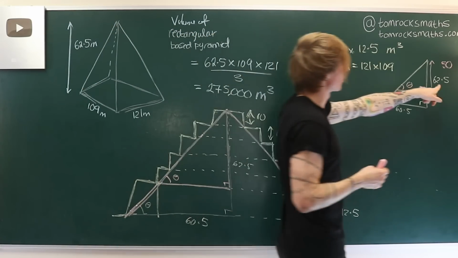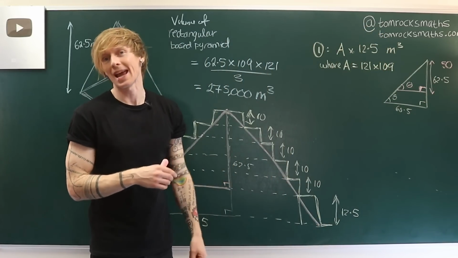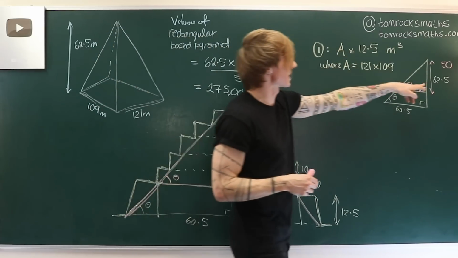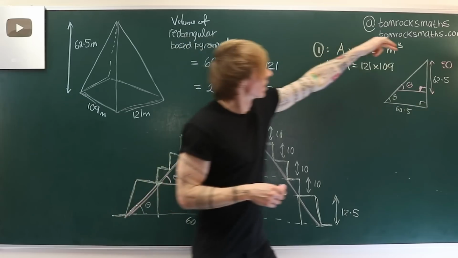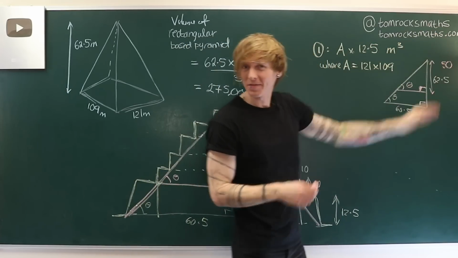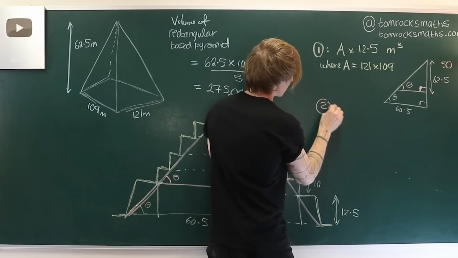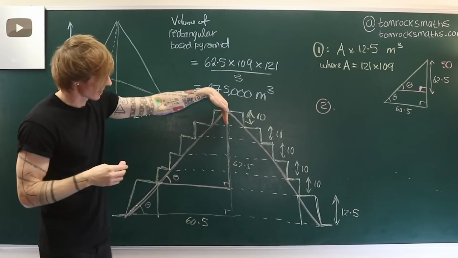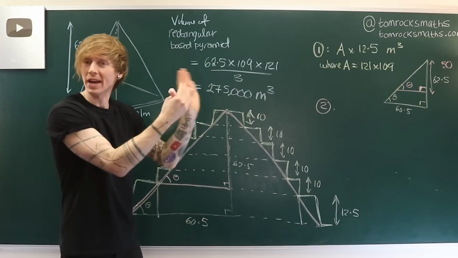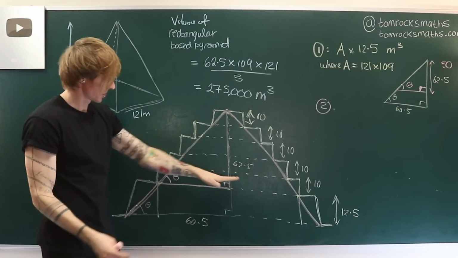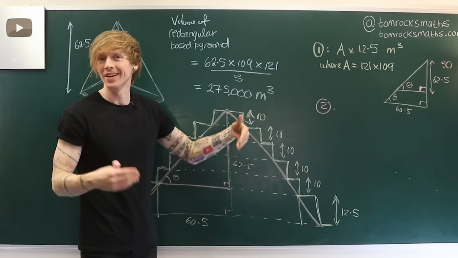To go from 62.5 to 50, we have multiplied by 0.8. So 50 is actually 80% of 62.5 because a quarter of 50 is 12.5, and we've added that. So what we're doing in step 2 is actually shrinking the height by 20%, so 0.8 on the height. That means we're shrinking in by 0.8 on all of the other dimensions.